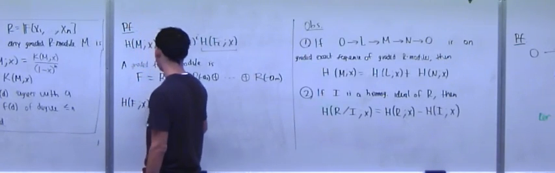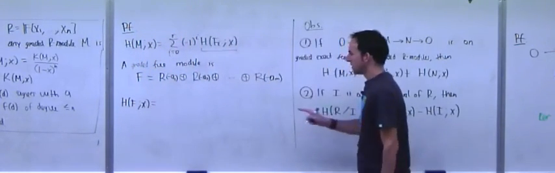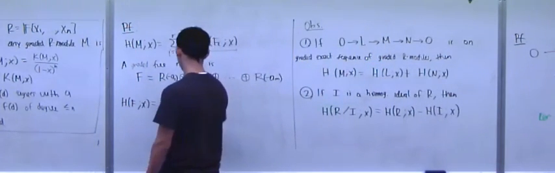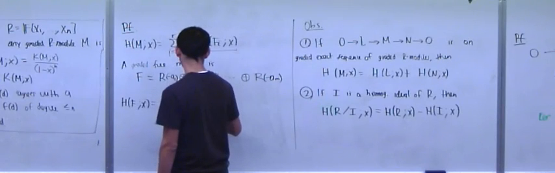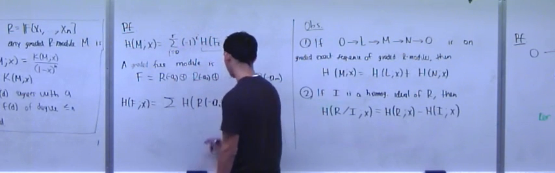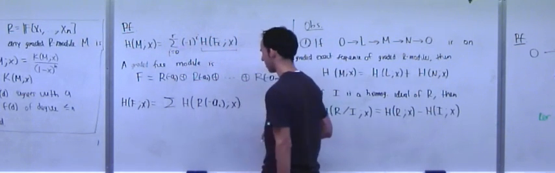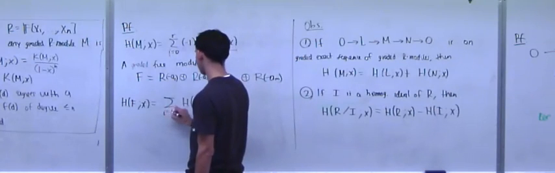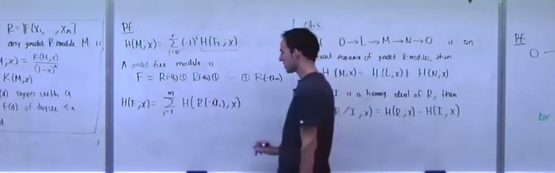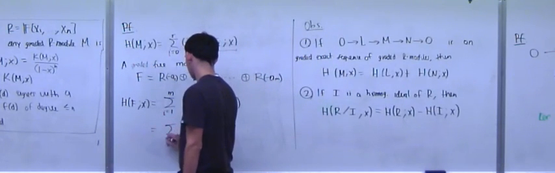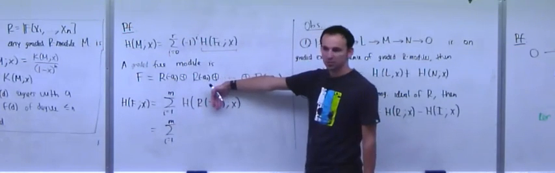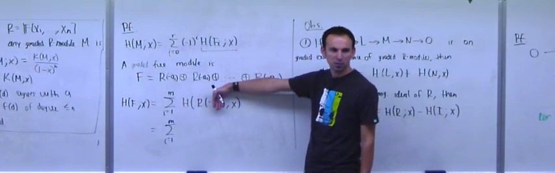Well, we said last time that the Hilbert series of a direct sum is just the sum of the Hilbert series. So this is the sum of the Hilbert series of all of these guys. And now what does each one of these guys look like? Well, we know that if we didn't shift the grading, then this Hilbert series would just be 1 over 1 minus x to the n.